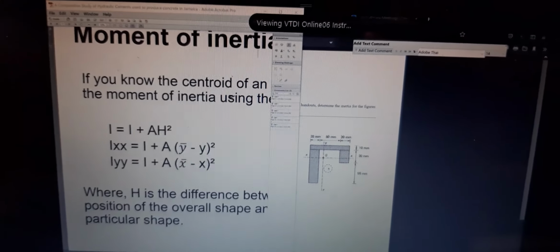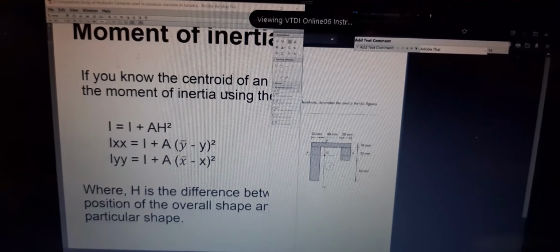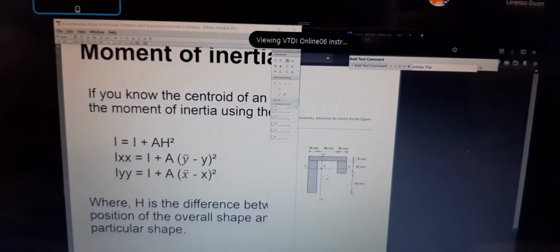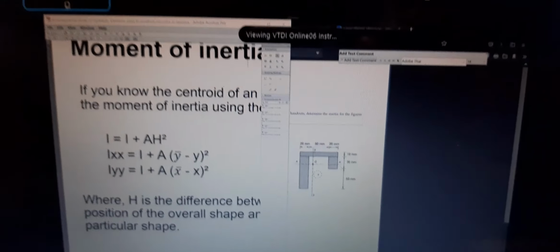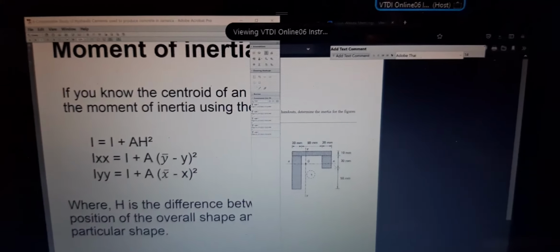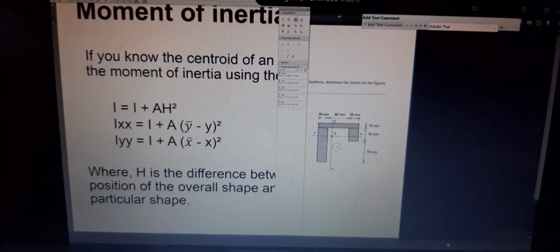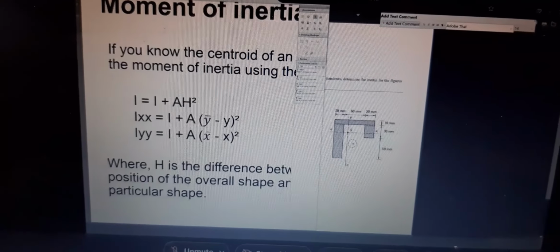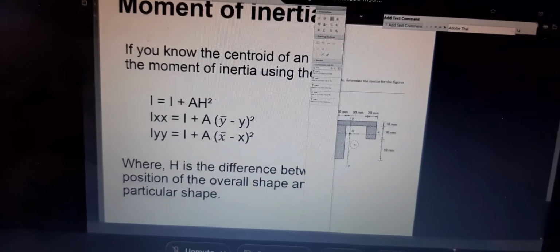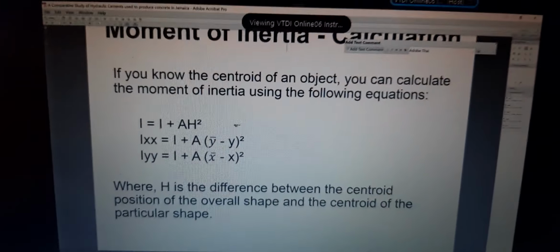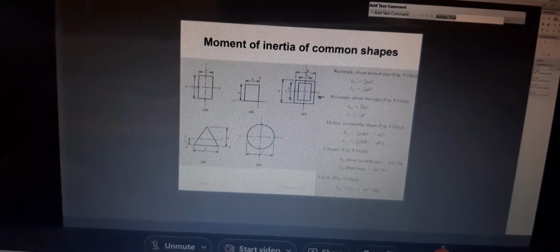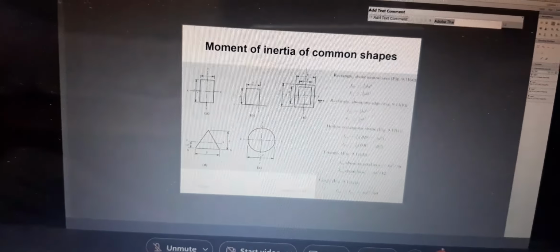The reason why they use BD cubed for IXX is because the x has to do with the base by itself. But then they use DB cubed for y because of the distance away from x.